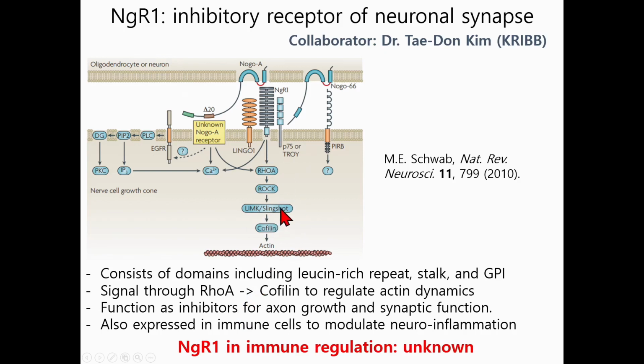It is also expressed in monocytes and T cells, and its function is characterized in the context of neuroinflammation, but its function in NK cells is not known. My collaborator, Dr. Taedon Kim at CRIP, was a neuroscientist in training, but he got into the NK cell field and became interested in this receptor.